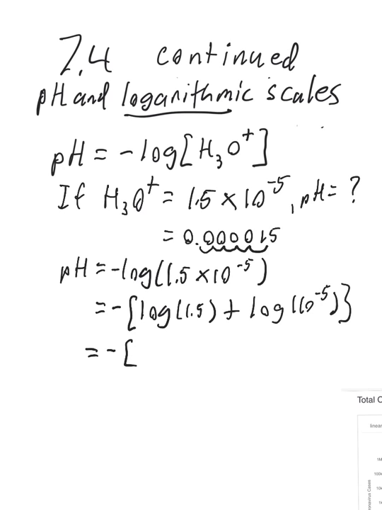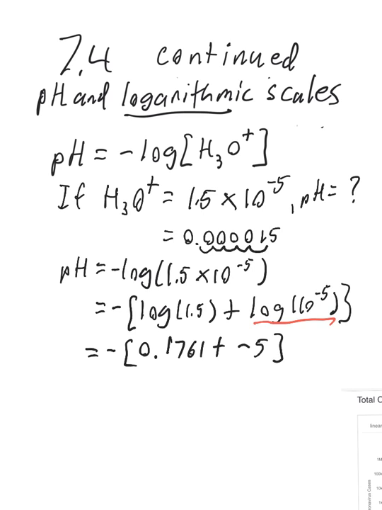Now, the log of 1.5, that I will put in my calculator, and that's just going to be 0.1761. You can check that out on your own. And this part here, remember when there's no base there, it's base 10. Log base 10 of 10 to the negative fifth will just give you the exponent, minus 5.